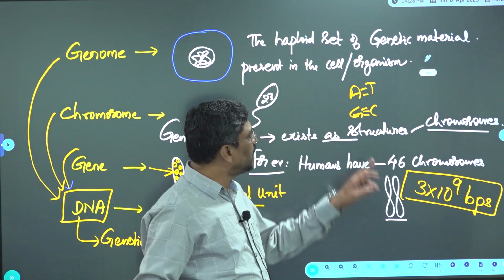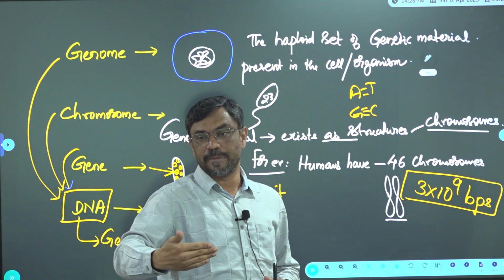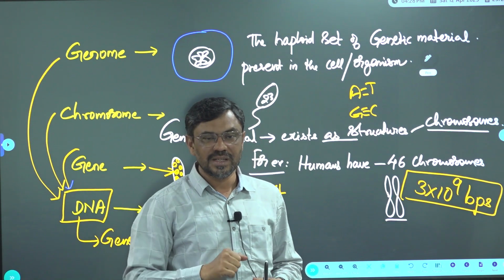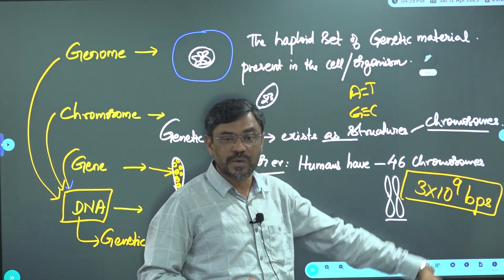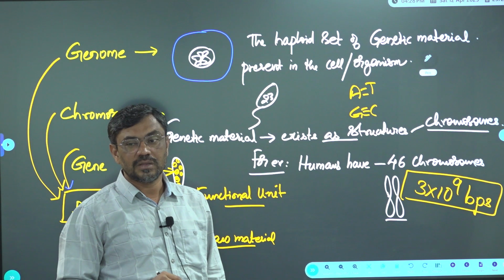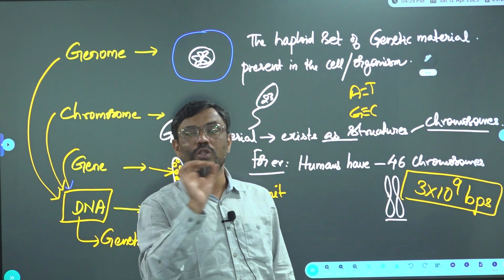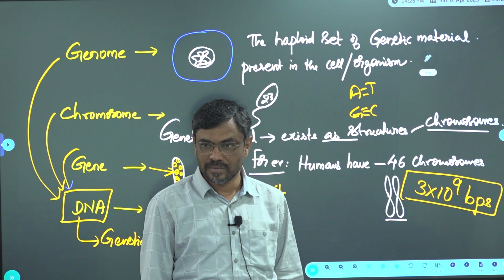Got it? Like that, these pairs may be repeated, and how many times they are repeated represents its size. So the human genome is 3 into 10 power 9 base pairs, which means 300 crore nitrogen bases are present.